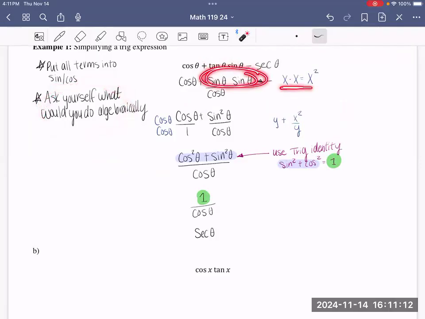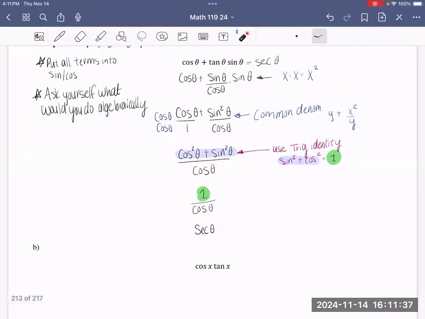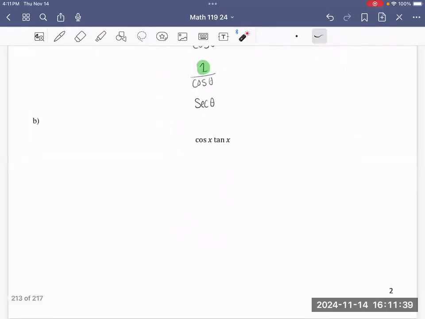Combine your like terms like you normally would, get a common denominator. That's what we did right here. We then were able to use a trig identity and then try to get it as small as possible. So let's have you pause the video and try it again with B.